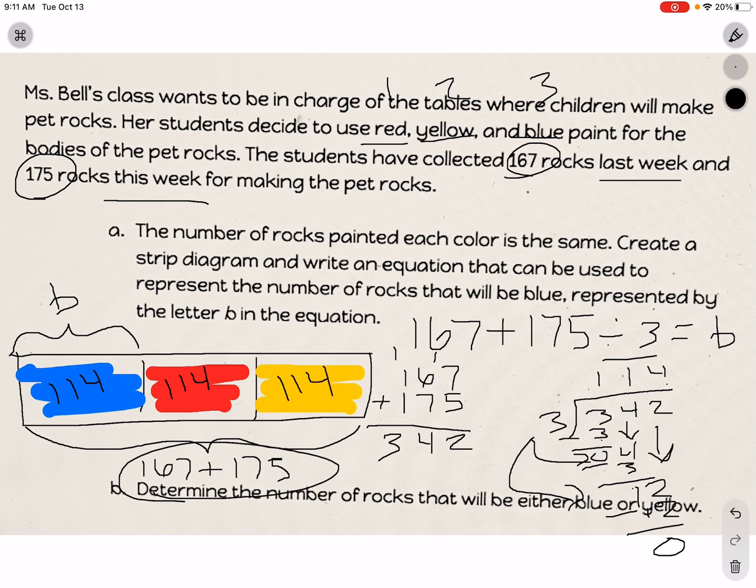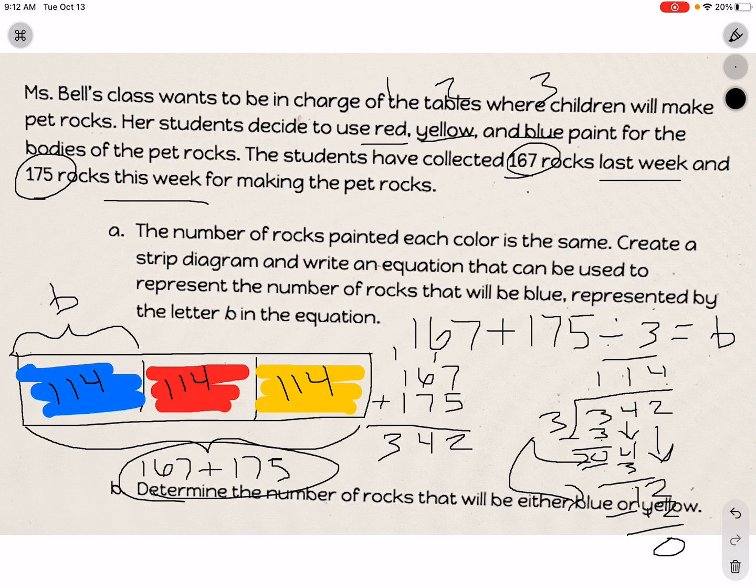You could check your 114 by doing what? If you said multiply it by 3, you are correct. If we multiply 114 by 3, we should come back to our dividend, 342, which is the total number of rocks that we collected. Because we know that multiplication is repeated addition, we could also add 114 three times and get the same thing.